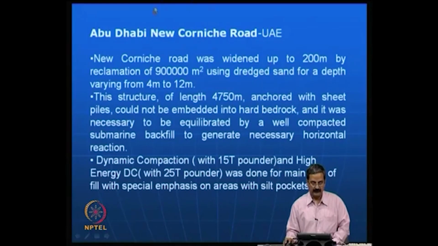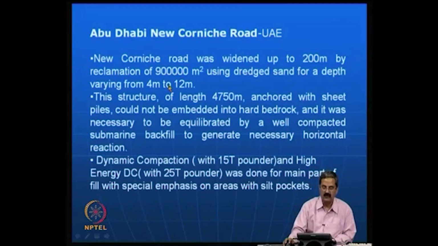There is another one, which is an airport close to a road. The road is widened up to 200 meters by reclamation of about 0.9 million square meters, using dredged sand for a depth varying from 4 to 12 meters. Since it is a road widening project, a lot of filling is involved.